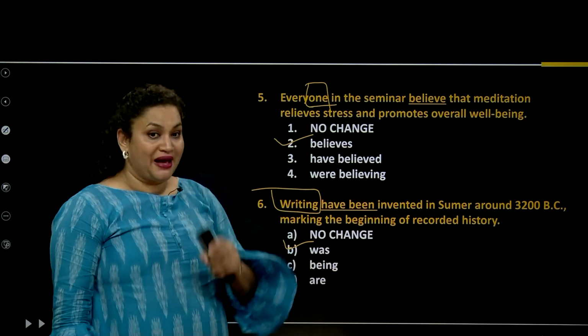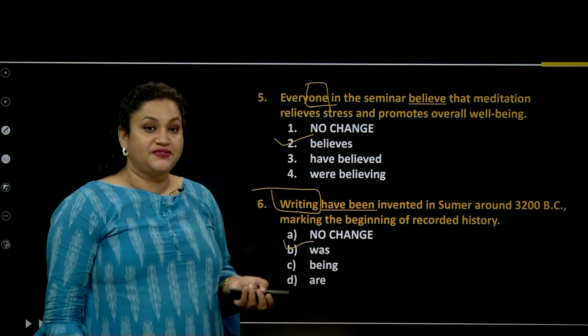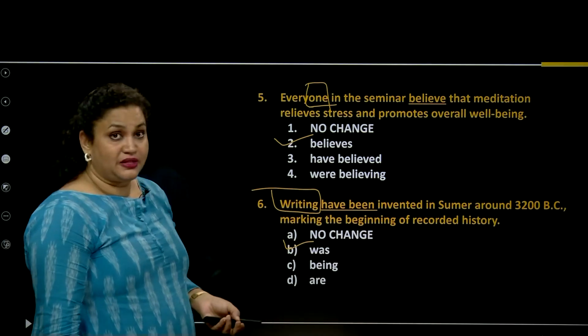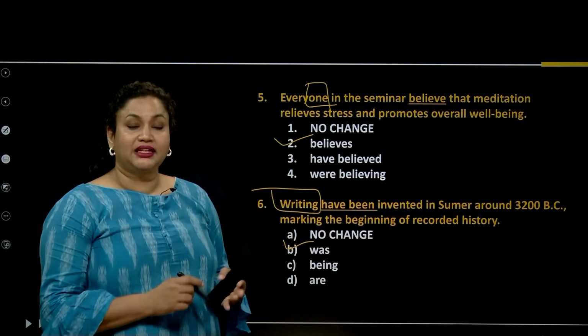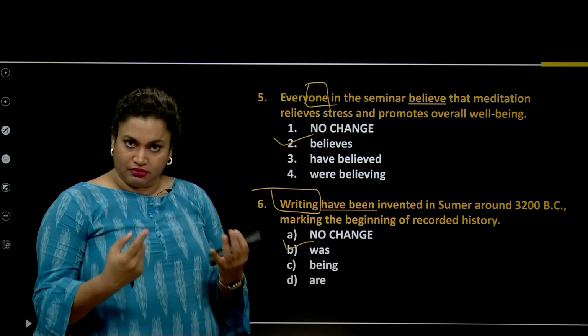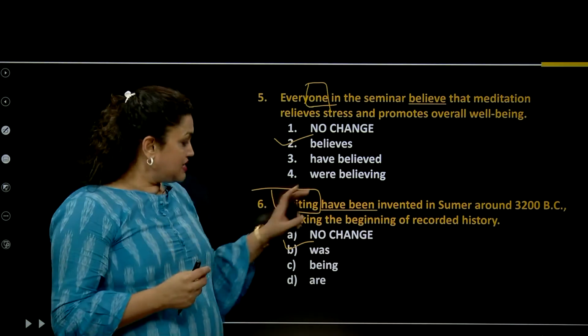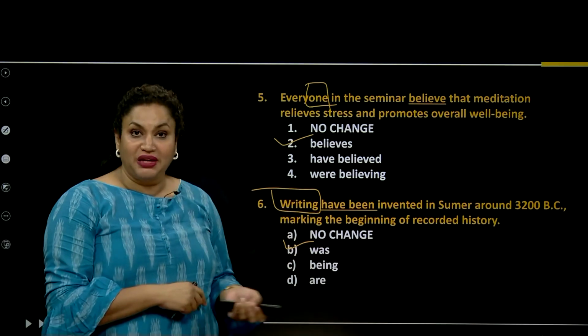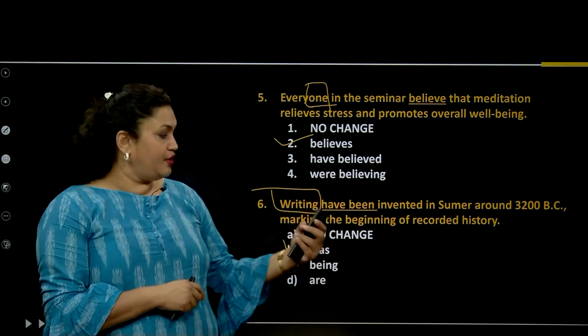This is basically a passive sentence. In a passive sentence, been is used, and here basically it would have been a right sentence with has been, but because the has been option is not there, we are going to choose was, or the B one. So therefore we are going to use B.